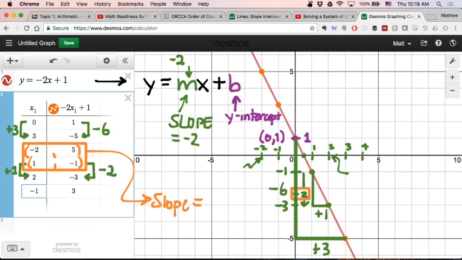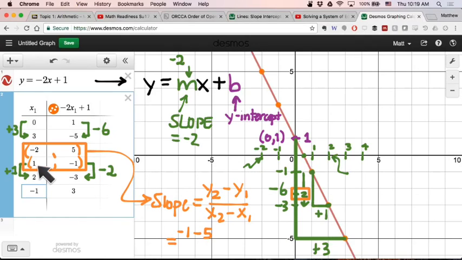Well, I can do that by subtracting the y-coordinates. Often that's written as y2 minus y1. Subtracting the x-coordinates, x2 minus x1, and dividing the results. So, if I substitute in the y2 and the y1, that's going to be negative 1 minus 5. So y2, y1, second y-coordinate, first y-coordinate.